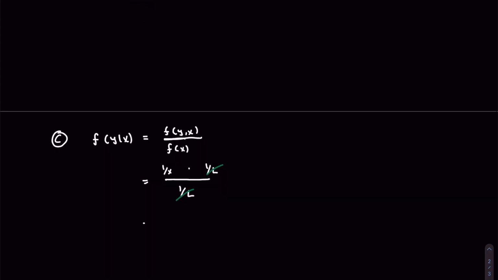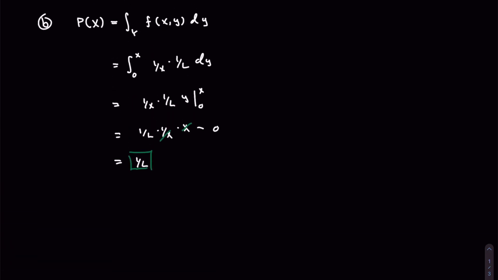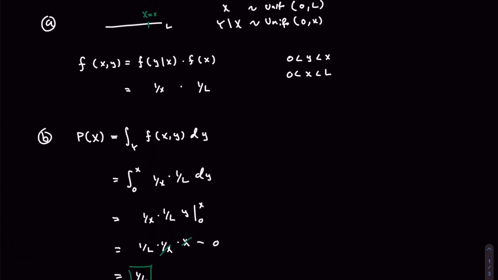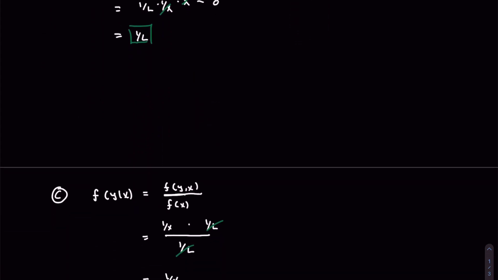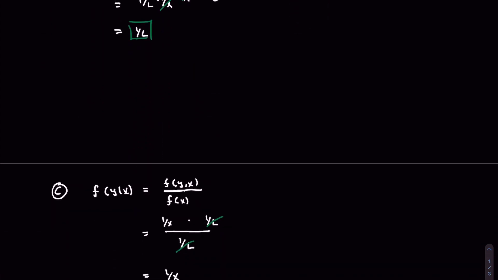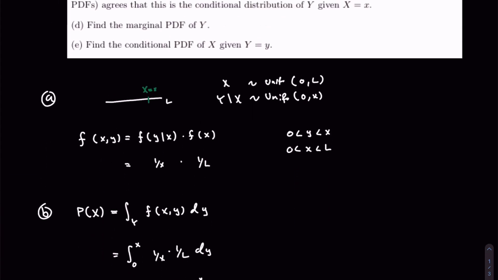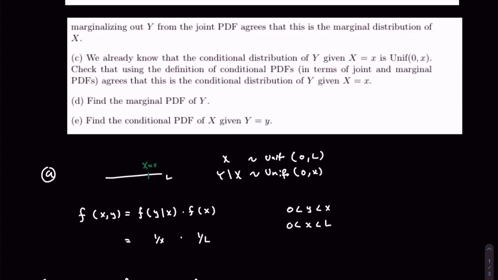We end up with 1 divided by x, which is precisely what we said that this uniform has of a PDF. Okay, that's reassuring. Checking now the fourth question, we asked to find the marginal of y.